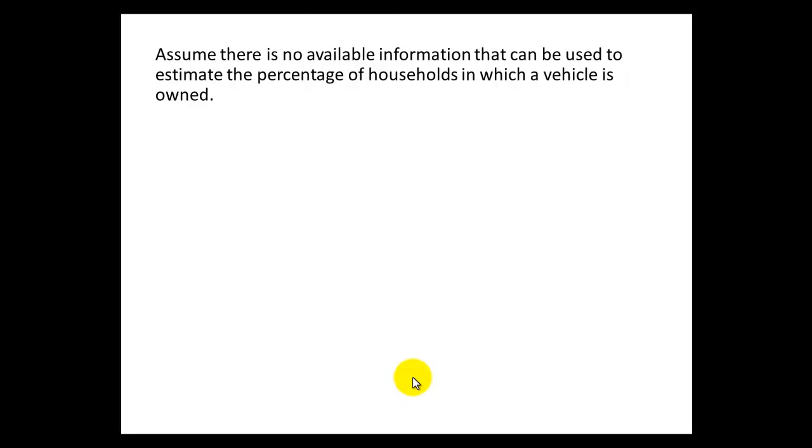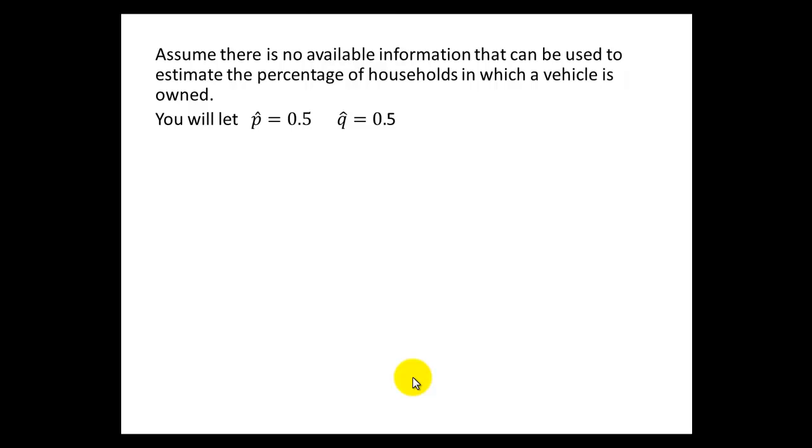Now, here's part B. Assume there's no available information that you can use to estimate the percentage of homes that have a car. So when there's no available information for your sample proportion, that is P hat, then we often take the route where we'll let P hat and Q hat both equal 0.5.